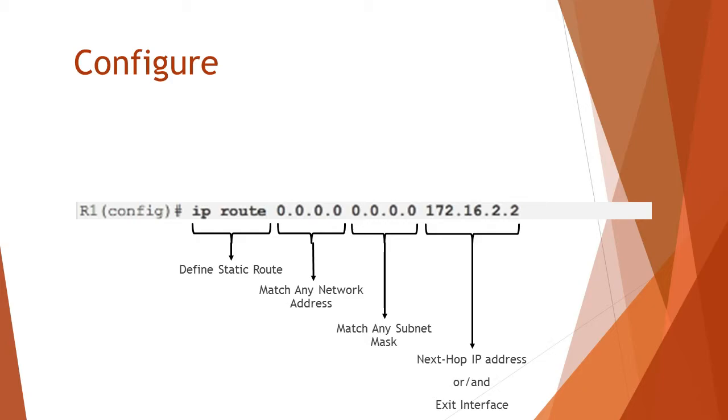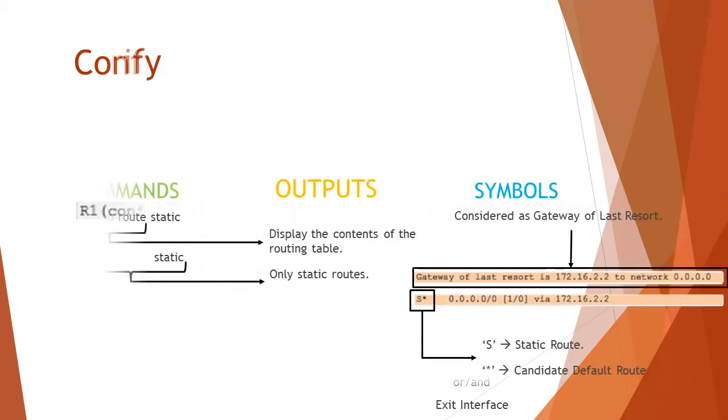The first group matches any network address, the second group matches any subnet mask, and the last group is the next hop IP address or an exit interface. To verify, the command show ip route displays the contents of the routing table, and show ip route static displays only static routes. In the symbols, we can have an S for static route and an asterisk for candidate default route.